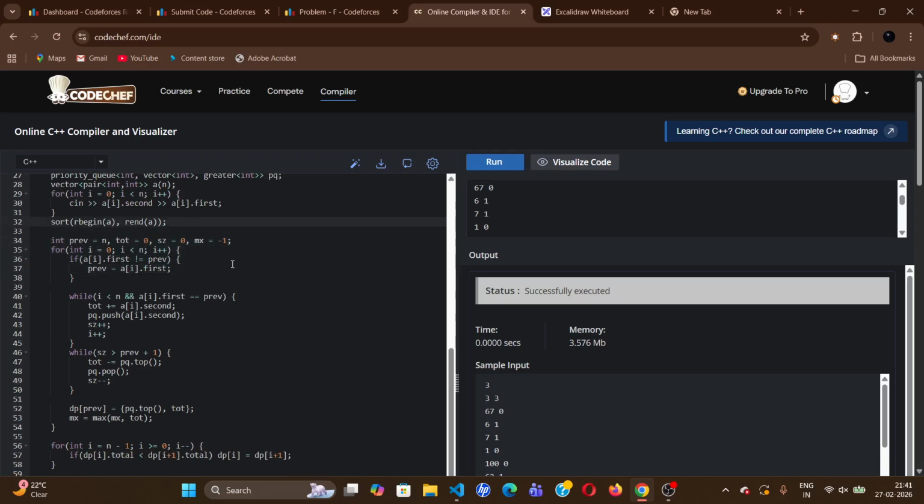For 0, so previous equals to n, if a[i].first not equals to previous, then previous equals to a[i].first. Right. Then check all those a[i]s. Previous equals to this one. Okay. Now set greater than previous plus 1. Perfect.